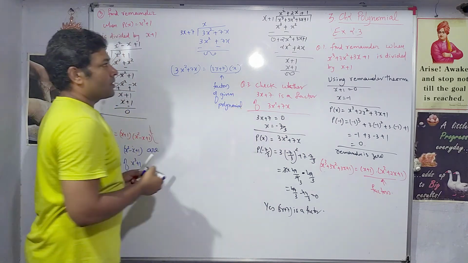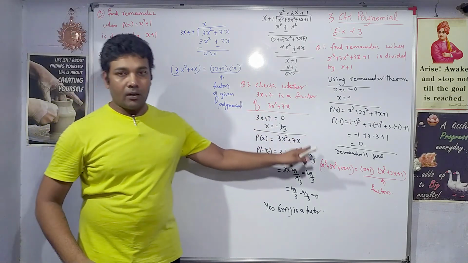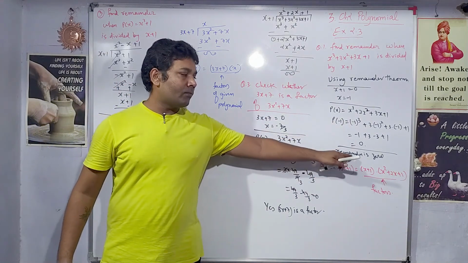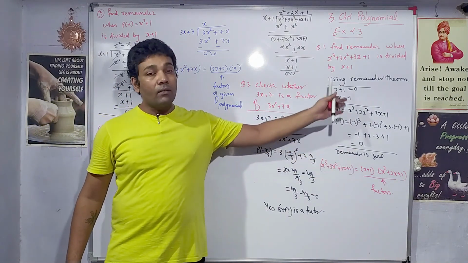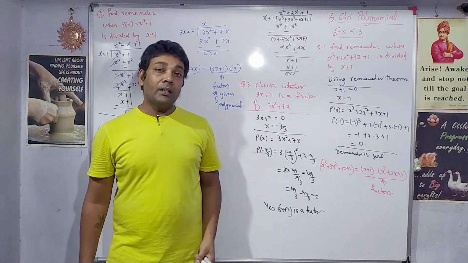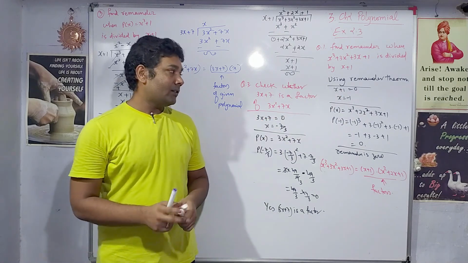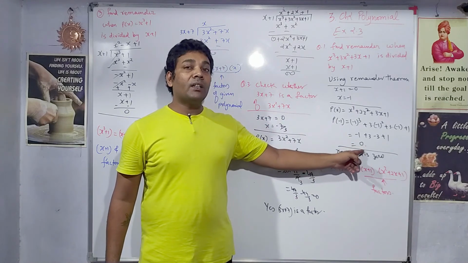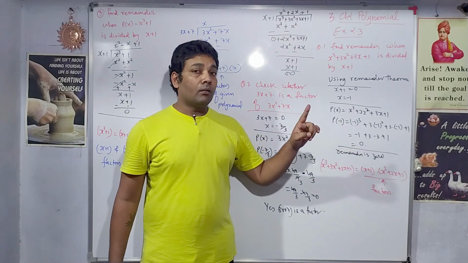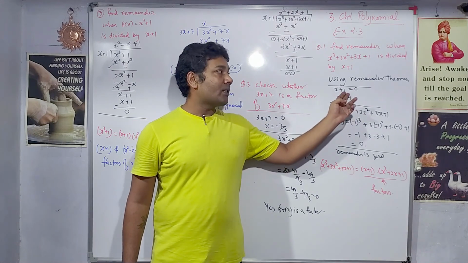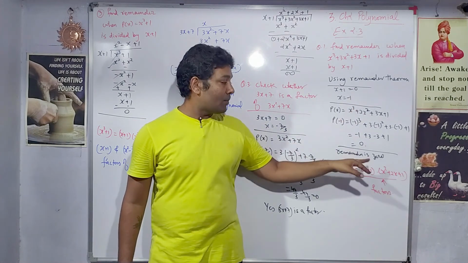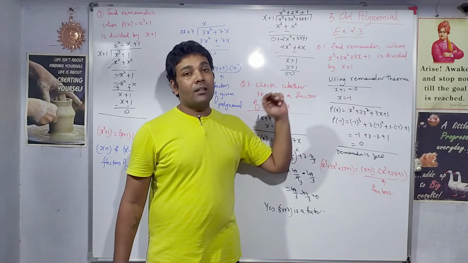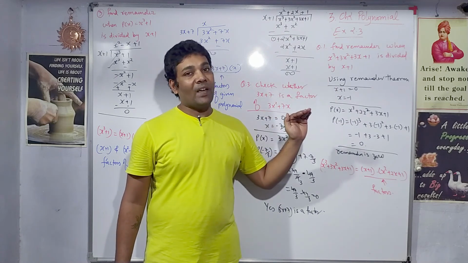Next exercise, this was all about the remainder. Using the remainder theorem, we can make sure whether the given divisor is a factor or not, right? With the help of the remainder, we can conclude whether the given divisor is a factor or not. If the remainder is 0, then yes, the divisor is a factor.